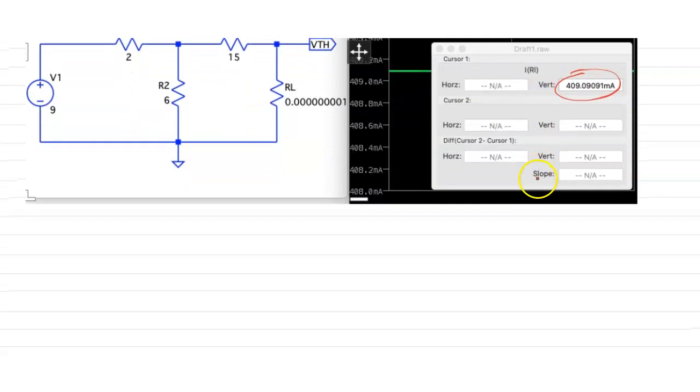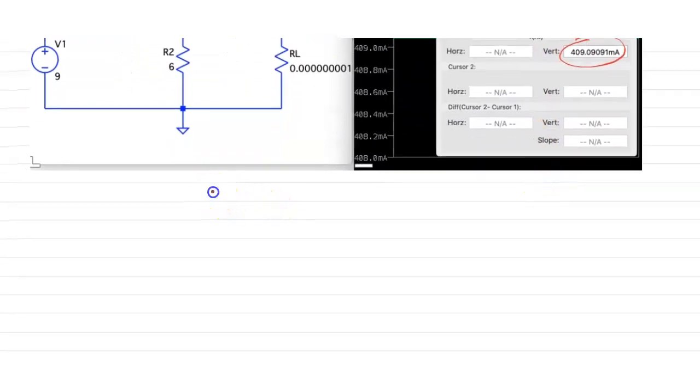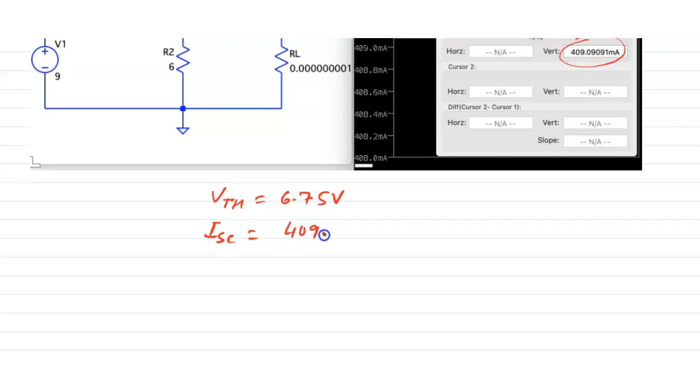Now note down these two values: VTH is equal to 6.75 volt and ISC is equal to 409.0909 milliampere. Then you can write this as 0.409 ampere.